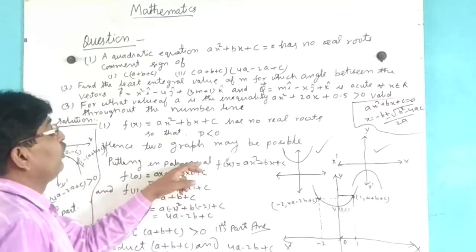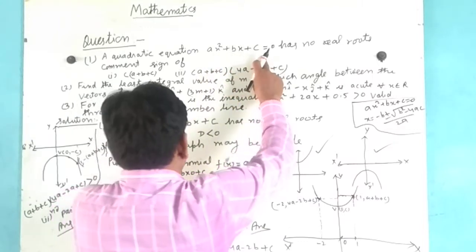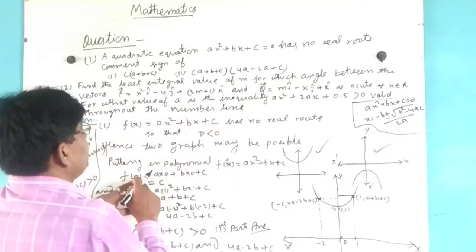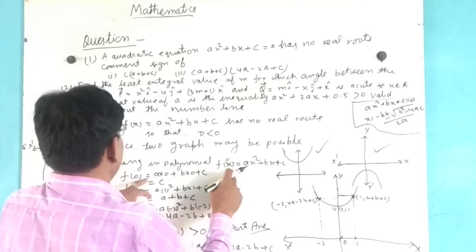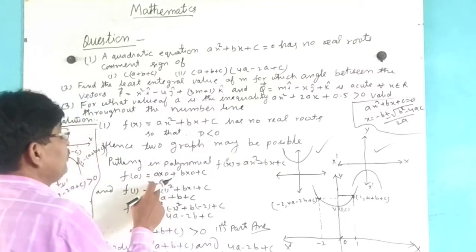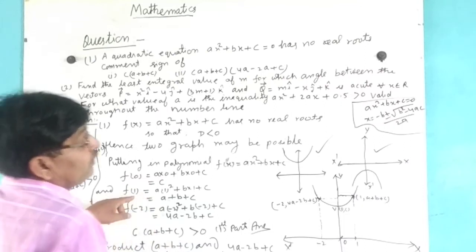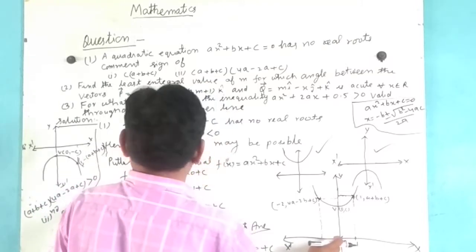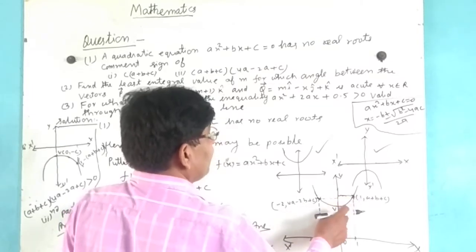Now, putting in the polynomial ax² + bx + c, we put x = 0. f(0): a times 0 is 0, only c remains, so f(0) = c.